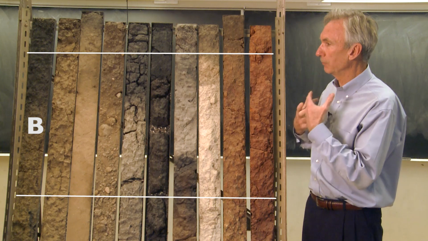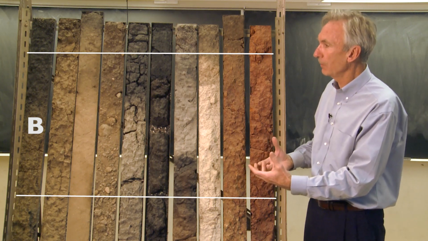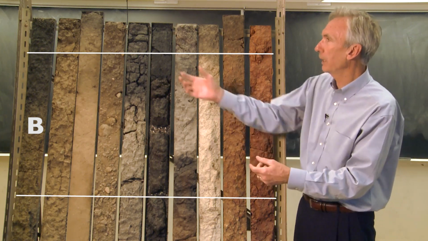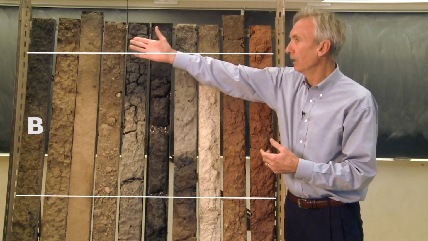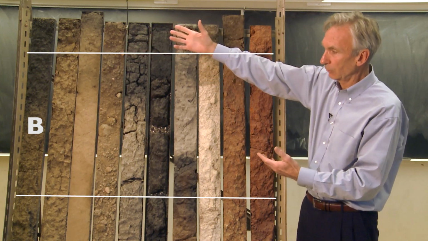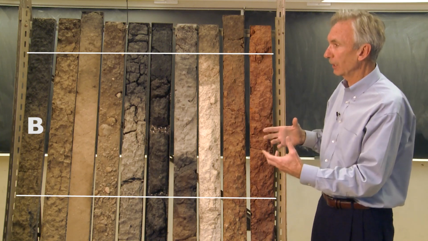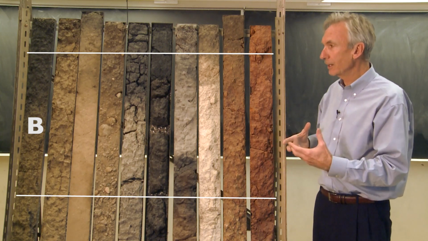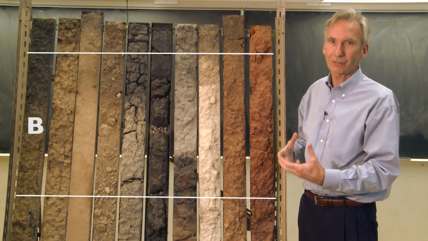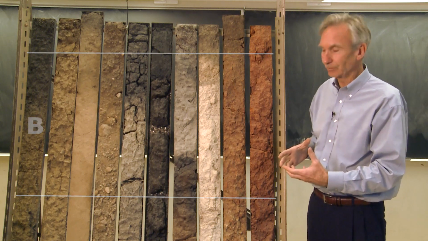So for example, it would be like a silty clay loam texture in the B horizon compared to the top horizon, which would probably be a silt loam. So the B horizon is the horizon of accumulation. It is also the horizon which is most colorful in a soil.